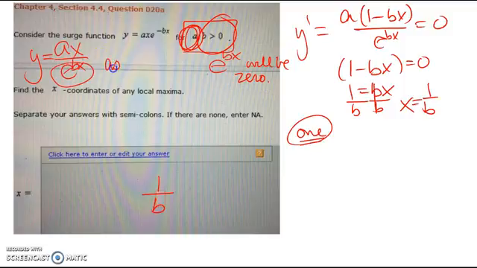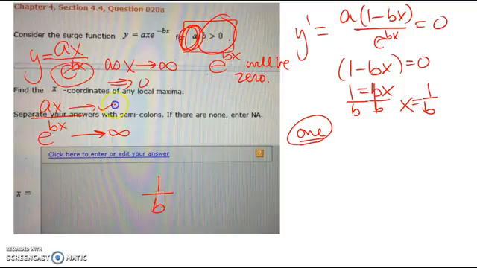So as x approaches infinity, as x gets really, really large, this function approaches 0, because the denominator, the exponential growth function, is approaching infinity much, much faster than the numerator.